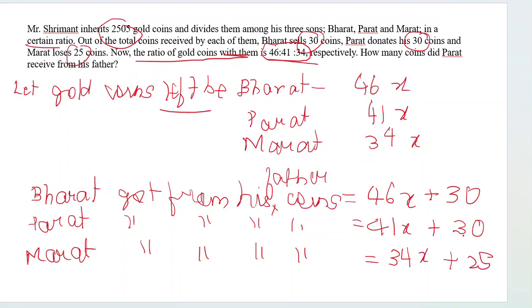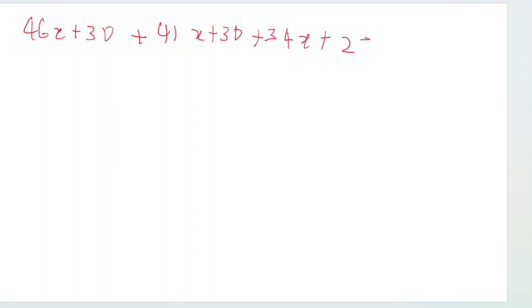Now, if you add the coins which Bharat got, this total should be 2505. So Bharat's coins plus Bharat's coins plus Bharat's coins will be 2505, because this was the number of coins which were divided by his father.